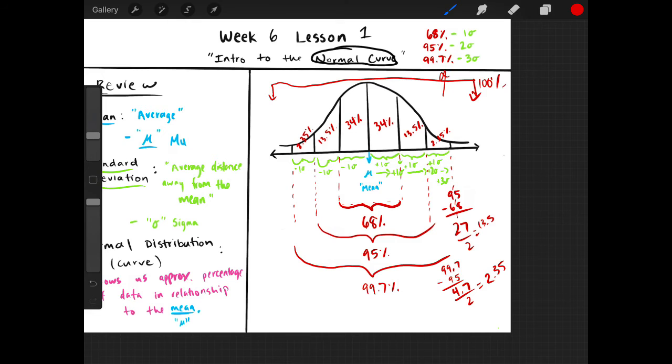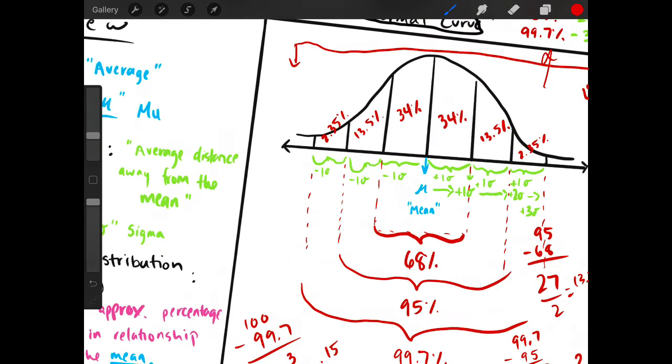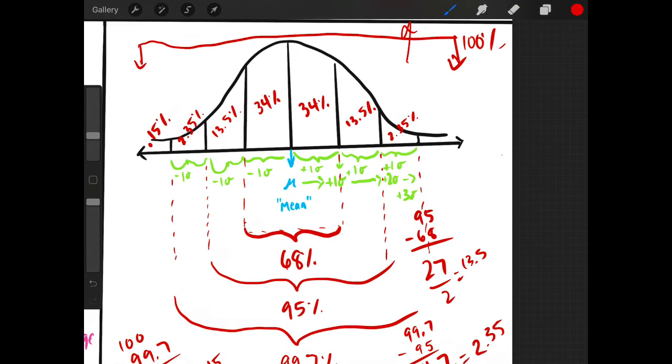So very similar to how we just did those last 2 pieces, we're going to go 100 minus 99.7. Again, if you need to use a calculator, use a calculator. That gets you 0.3. And then with that 0.3, again, we're splitting it up between these 2 pieces. So we go 0.3 divided by 2, and that gives us 0.15. So this has to be 0.15% of our data.